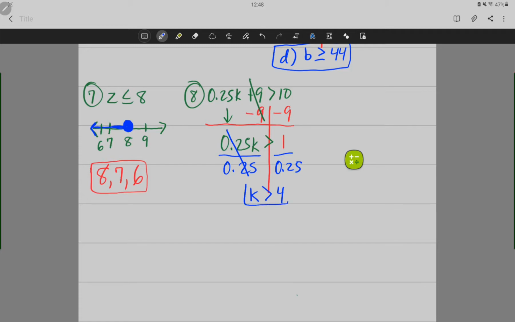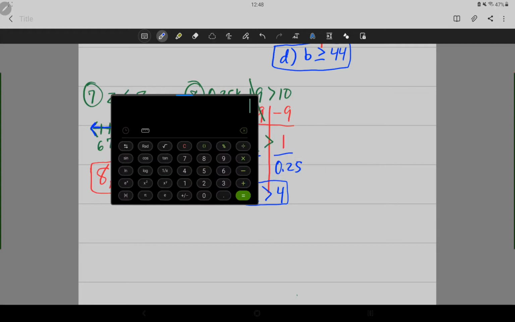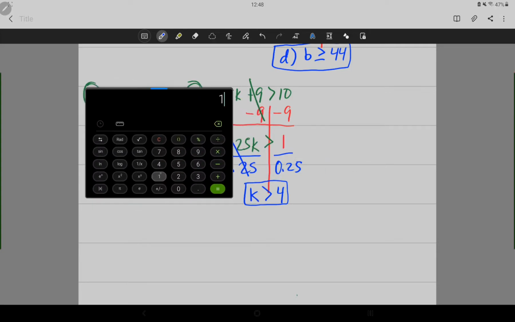If you want to think about it, 25 cents is a quarter, 4 quarters make $1. But we could just double check on the calculator just to be sure. 1 divided by 0.25 equals 4.